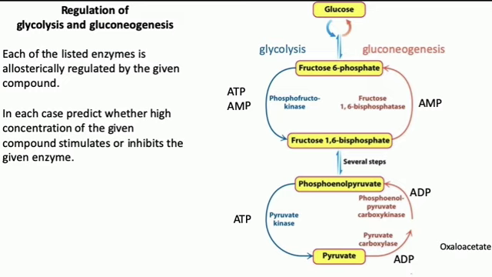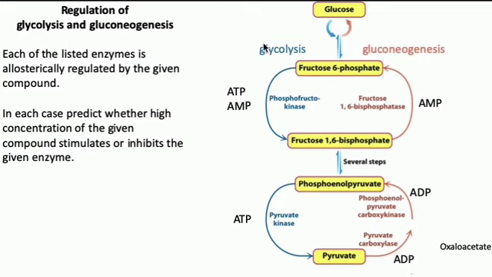And in fact, I'd like to try a simple example of regulation. Here I'm showing glycolysis to the left, gluconeogenesis to the right, and I'm showing the key regulated enzymes, phosphofructokinase and pyruvate kinase. Each of these enzymes is allosterically regulated. Allosteric means other site.